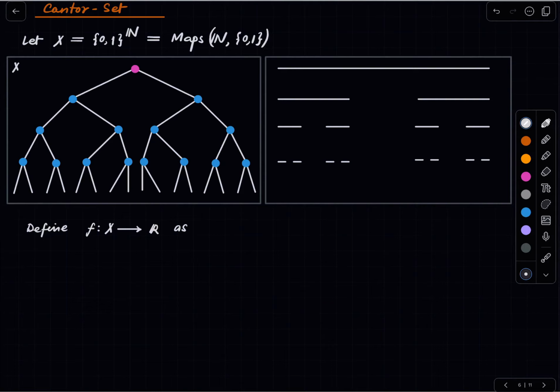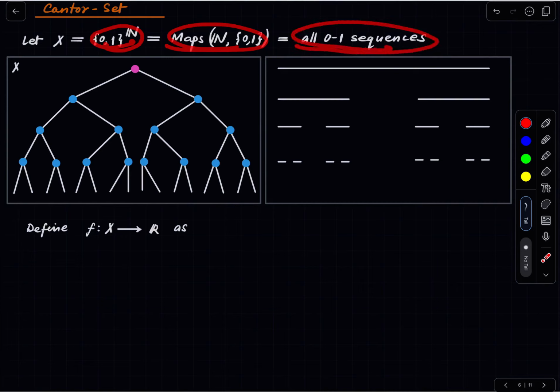Or you can also think of it as all 0, 1 sequences. Which means all those sequences, ANs, where each AN is either 0 or 1.